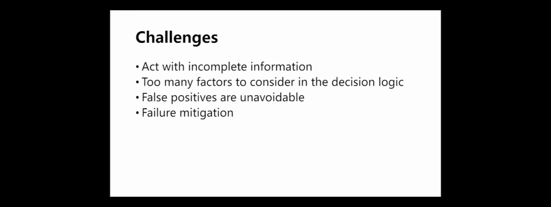The third one is that false positives are unavoidable. When the system is doing failure prediction in a production cloud system, false positives are unavoidable due to the complex system environment, large numbers of noisy signals, unexpected customer workflows, and other issues.